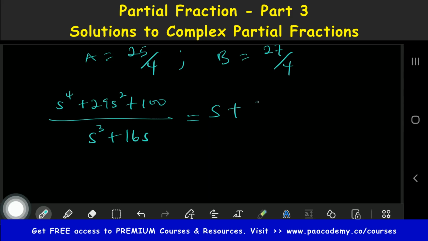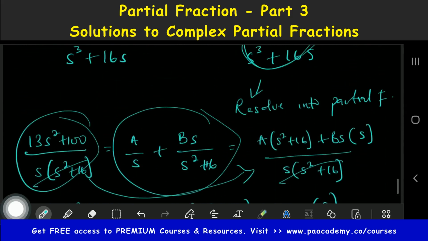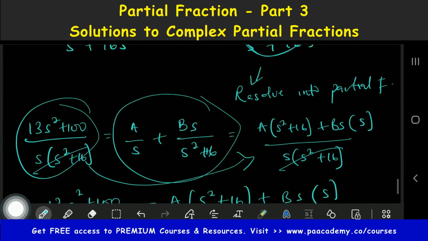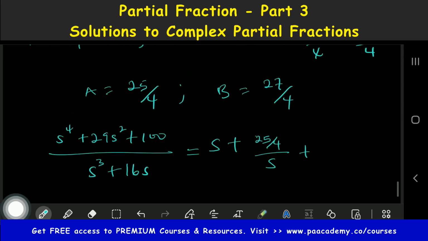Plus the side that is holding the B, this is Bs over s squared plus 16. We already know that our B is 27 over 4, so that will be 27 over 4s over s squared plus 16.